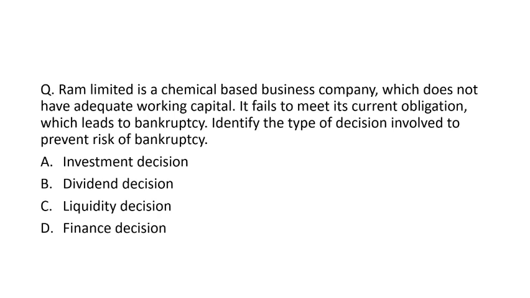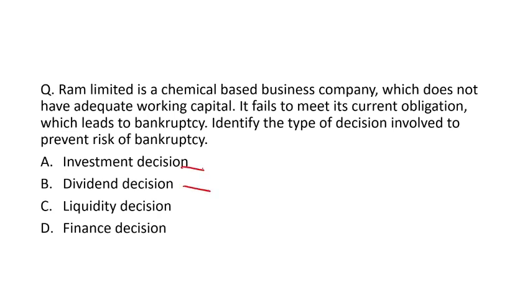So basically, RAM Limited is a chemical based business company, and he is not able to arrange sufficient working capital. Working capital means the capital which is used for day-to-day expenses, and he is not able to fulfill the current obligation, and he has reached a situation where there is a chance of bankruptcy. So how can it prevent the bankruptcy?